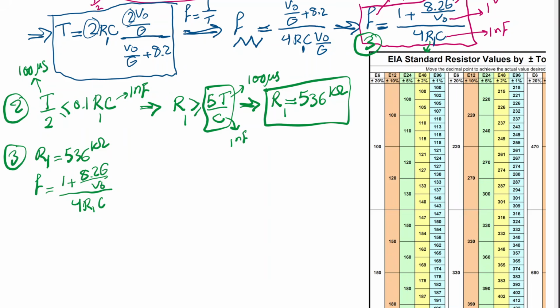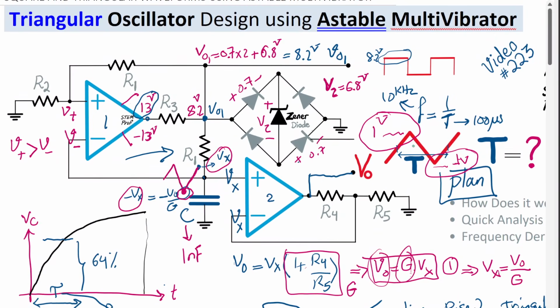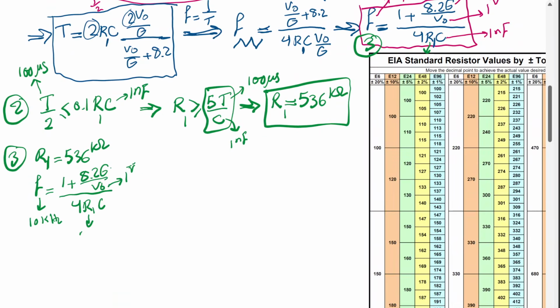If we do so, then of course substituting F with 10 kilohertz and substituting V out as 1 volt, as I said, it means we are targeting plus minus 1 volt peak to peak for the output triangular waveform, and also substituting R1 as 536 kilo ohm and C as 1 nanofarad, then we end up computing the value of gain, and the gain turns out to be 2.5.